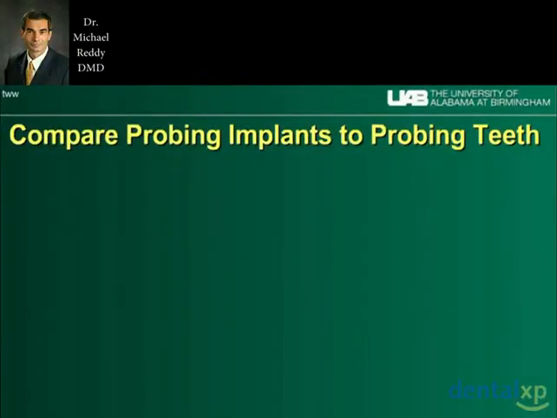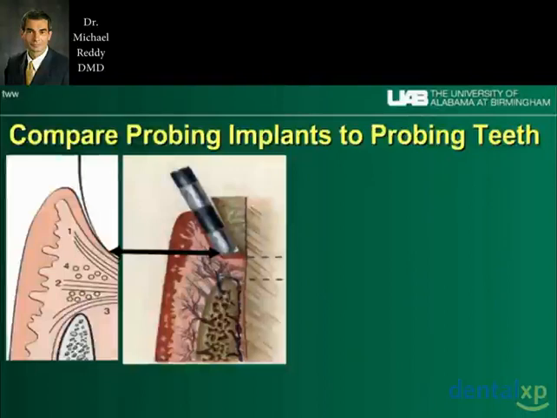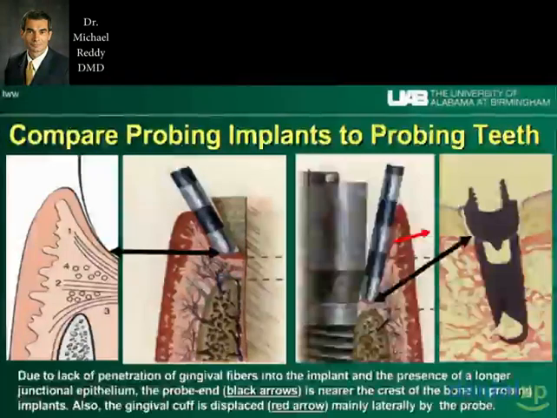If we look at that in another way, we can look at the probe penetration on a natural tooth. So a periodontal probe comes down and it hits this connective tissue attachment. And it may be that this connective tissue attachment, by staying healthy and not inflamed, prevents the bone loss around natural teeth.